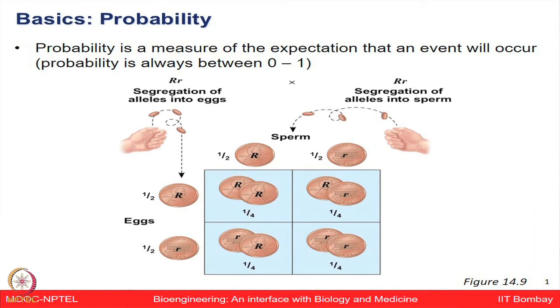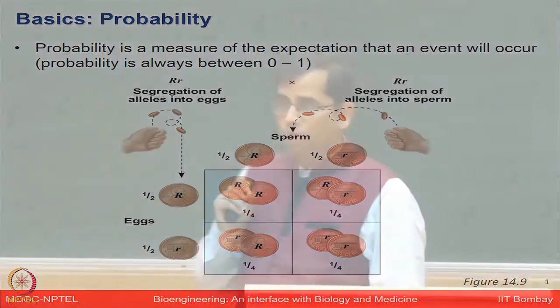Now from those gametes, in this case you have half capital R and half small r from the sperm and from the eggs. And now deriving the offspring, you have 1/4 probability of capital R, 1/4 probability of small r, and half the probability of heterozygotes, which is capital R and small r.